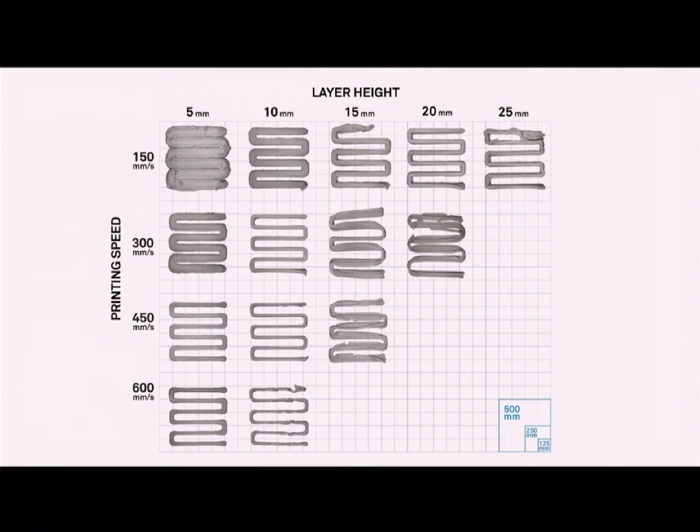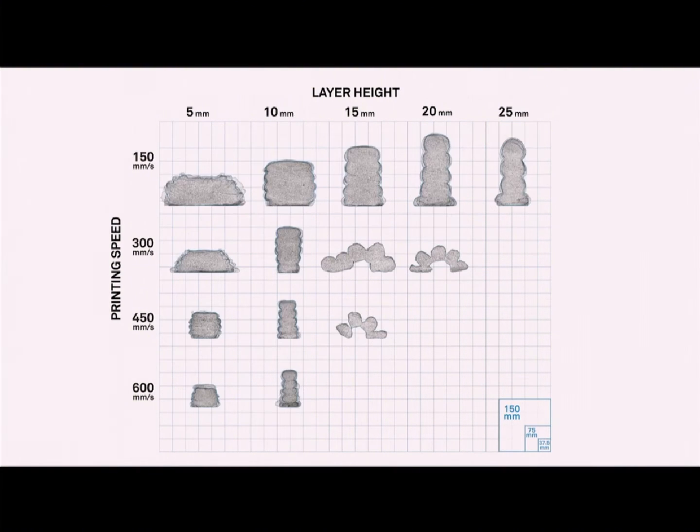And we used the printing speed as a parameter together with the layer height, and we checked how much the width of our print would change at different speeds and heights. And as you can see, there are some of these combinations that led to failure or to very, very ugly prints. And we also did the same for the cross sections.